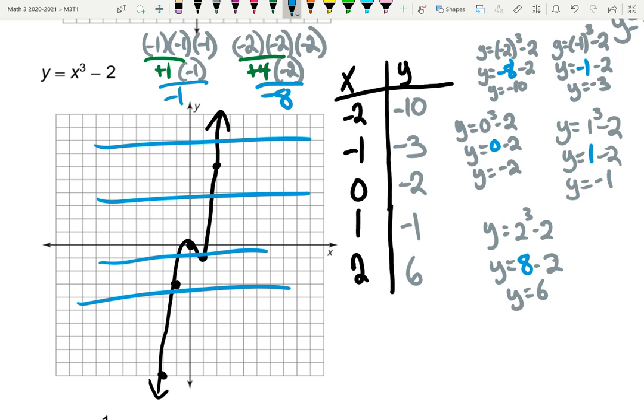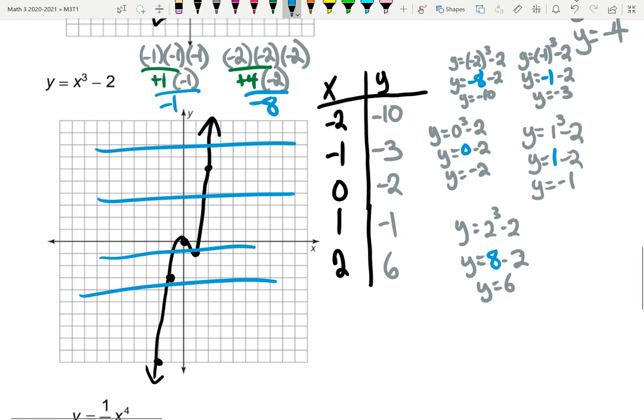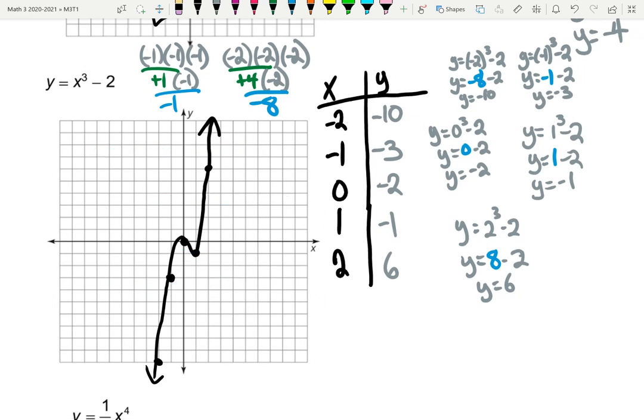Or is it? So now I'm going to keep on going. So let's keep on going this adventure.